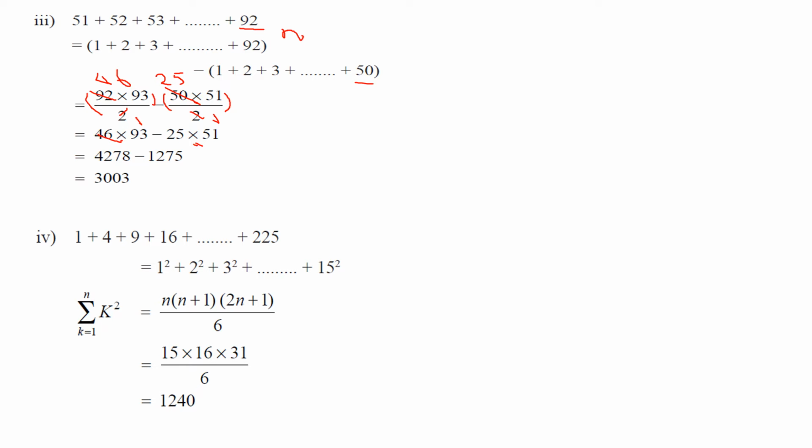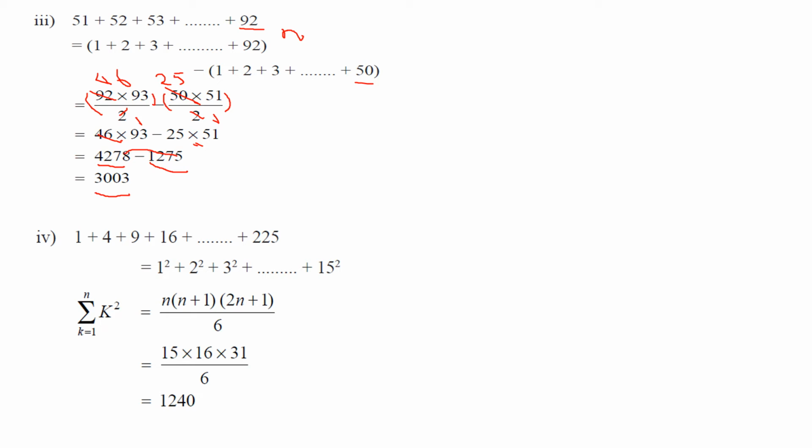So you multiply, you get 4278. Here 1275. Minus, 8 minus 5, 3. 7 minus 7, 0. 2 minus 2, 0. 4 minus 1, 3. 3003 is the answer.